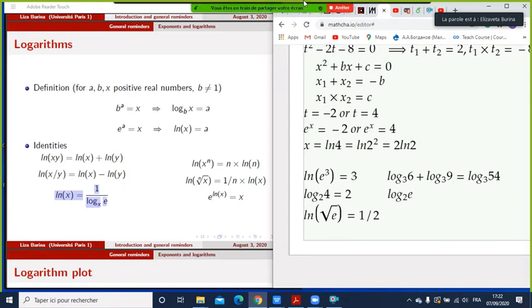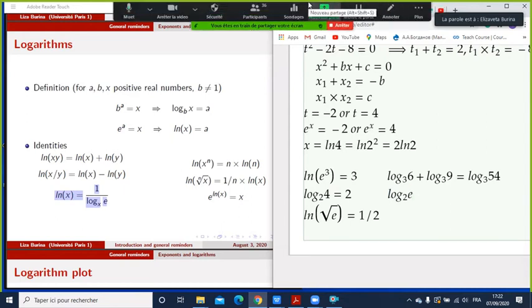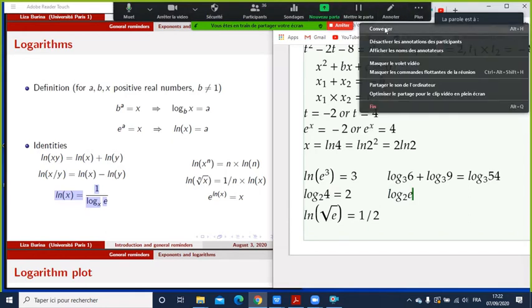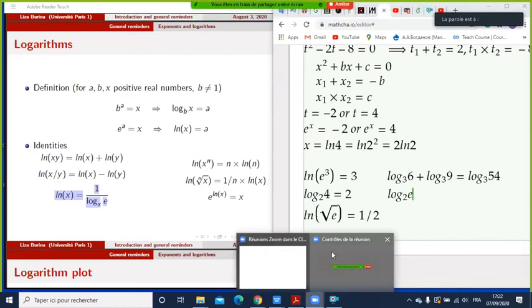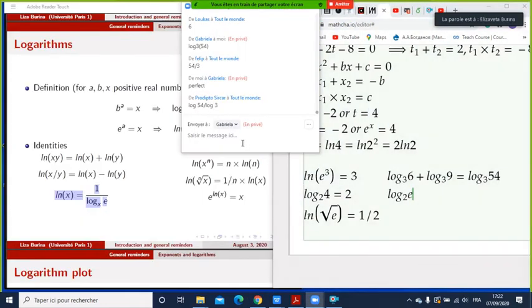So, try to do that. I left the formulas on purpose on the screen. So, just write whatever you think is correct in this case. You're using, actually the highlighted formula.